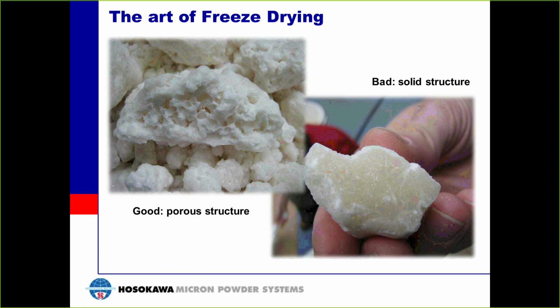So often what you see is a porous structure or a fluffy powder left behind. And this can be a little bit of a challenge. You can see here we obtained a well freeze-dried product, and it left behind a porous structure where all this empty space would have been the ice. And here, what you have is a solid structure that was dried, and this is going to be something that we like to avoid for freeze drying.